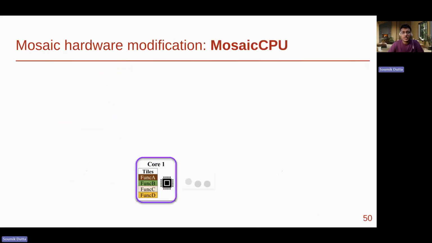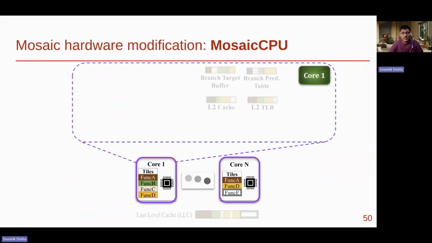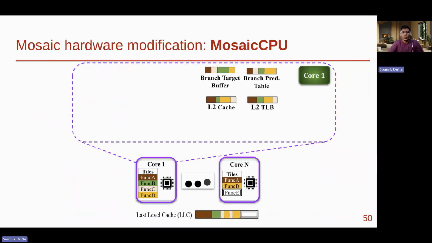So now let's focus first on Mosaic CPUs. Let's say we have core 1 to core n here. If we focus on a particular core, let's say core 1, all the microarchitectural structures inside the core, like L2 cache, L2 TLB, branch predictor unit, branch target buffer, LLC, everything is partitioned into small chunks.